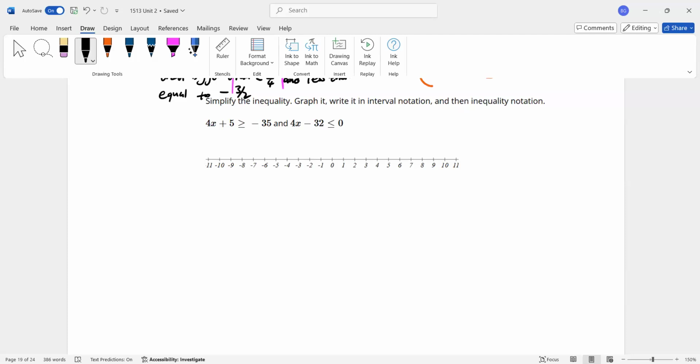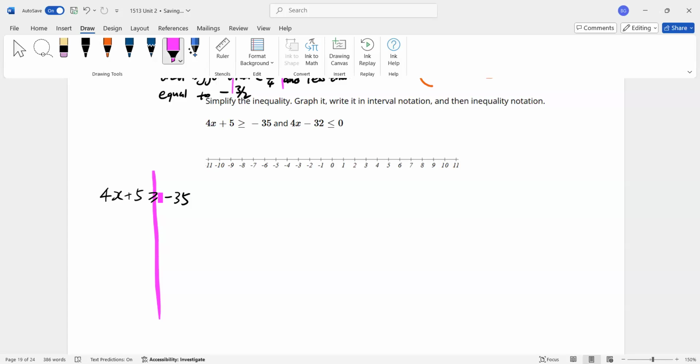So this compound inequality is 4x plus 5 bigger than or equal to -35. That's the first part of the compound inequality. Let's solve that first. This is a simple linear inequality.